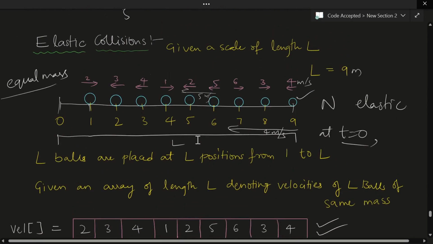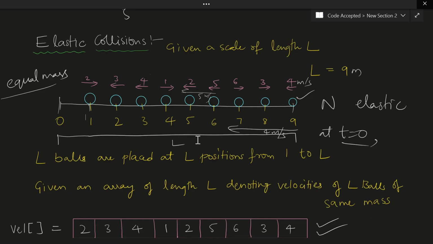Now how will you find the last ball that falls off the table? Now it's just a simple array problem. You take every ball and compute the distance to the end which the ball is traveling towards. If you take the ball at the first position, it is traveling towards the right, so the target for it will be 9. It should cross 9 to drop off the table.